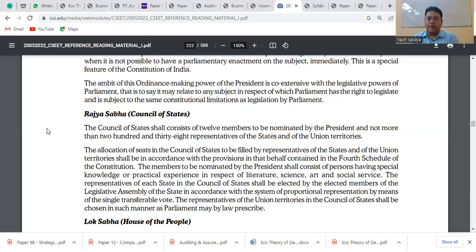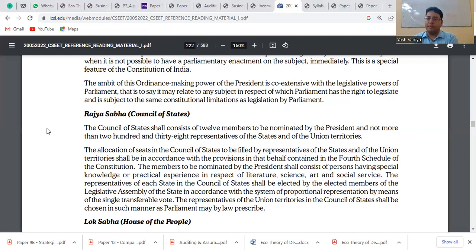The representatives of the union territories in the Council of States shall be chosen in such a manner as Parliament may by law prescribe, because not all union territories have a Legislative Assembly. Only Delhi, Pondicherry, and Jammu and Kashmir, only 3 union territories right now, have a Legislative Assembly. But what about Ladakh? What about Chandigarh?